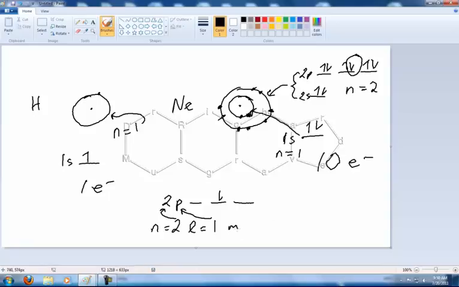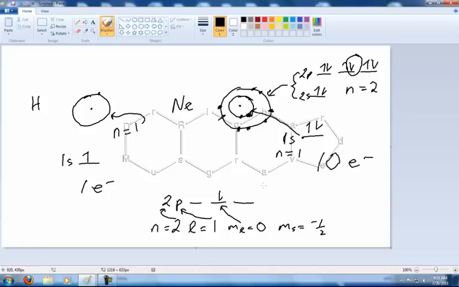Then we've got m sub L, called the orbital momentum quantum number, and this will tell us that it's in this middle orbital of the p set. And then we've got the last one, m sub s, and this one's negative 1/2, and what this tells us is that it's pointing downwards.